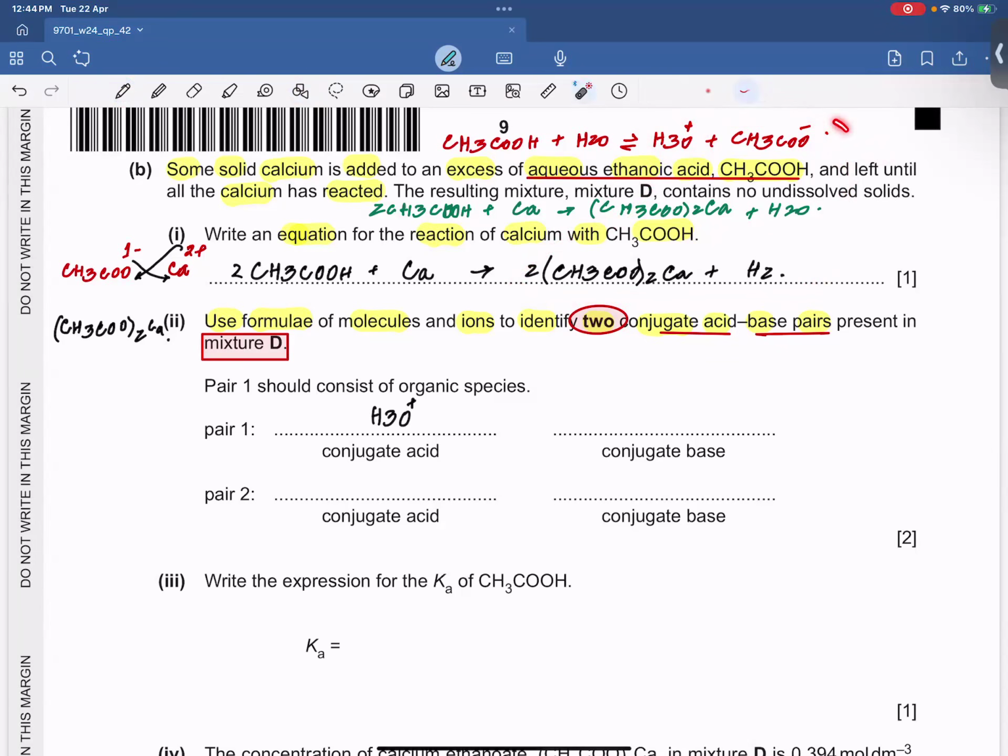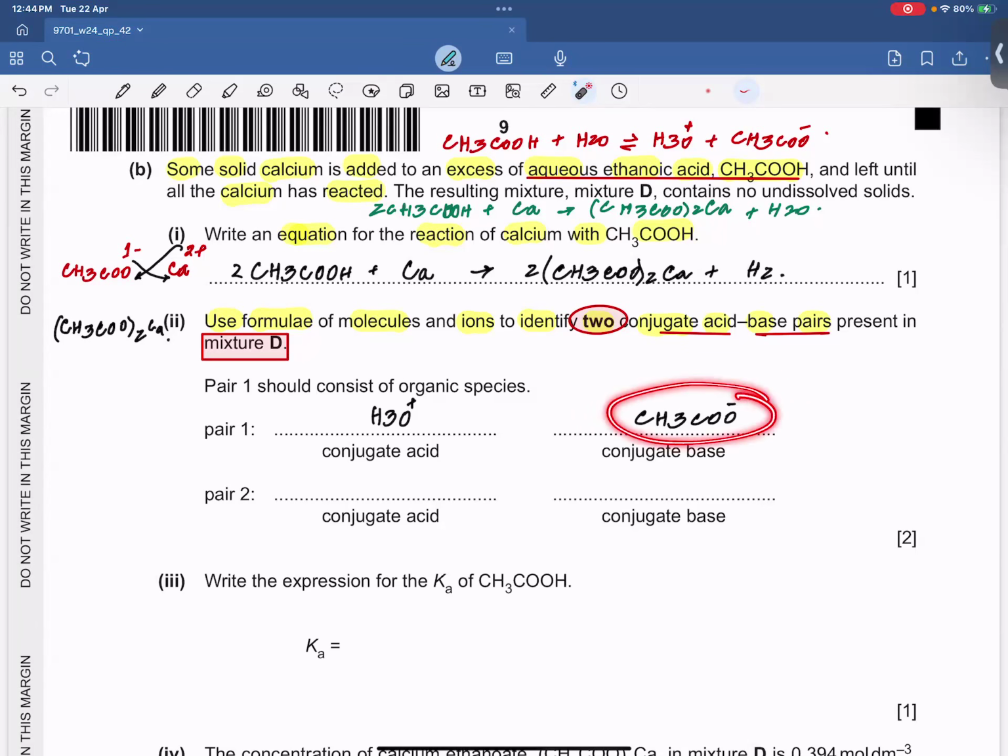And the conjugate base is ethanoate ions because it is negatively charged. Pair 2. No, it's not like that.